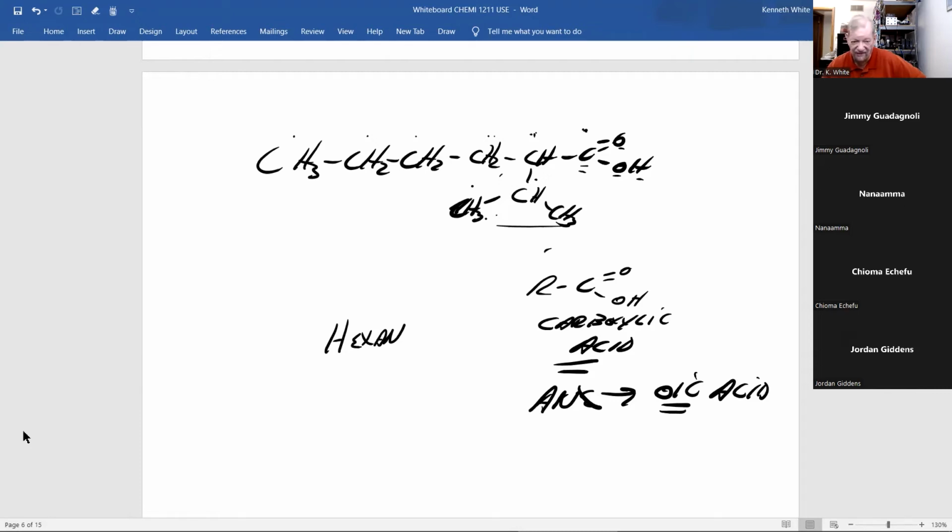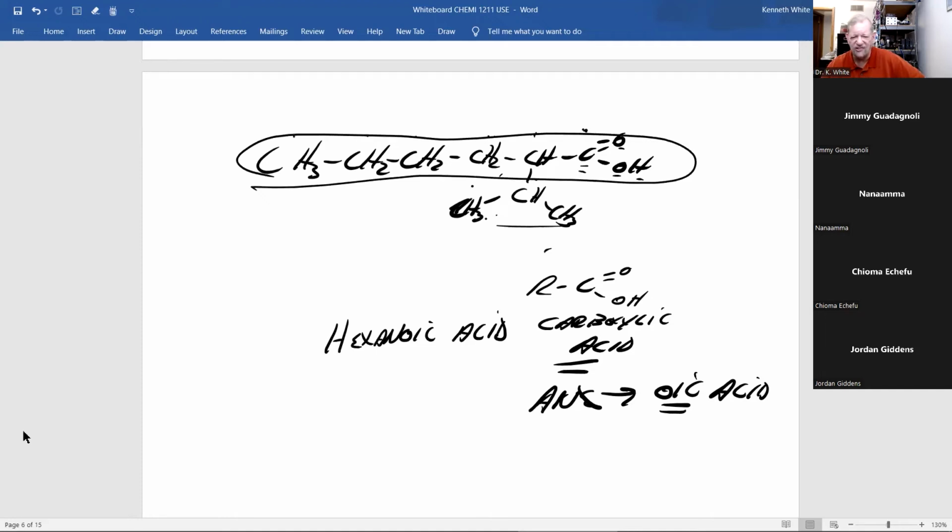So I'm going to do that. And am I done? No. As soon as I say hexanoic acid, that's spoken for. Carbonyl carbon is always carbon 1. On carbon 2, ooh, I've got an isopropyl. So that would be 2 isopropyl hexanoic acid.